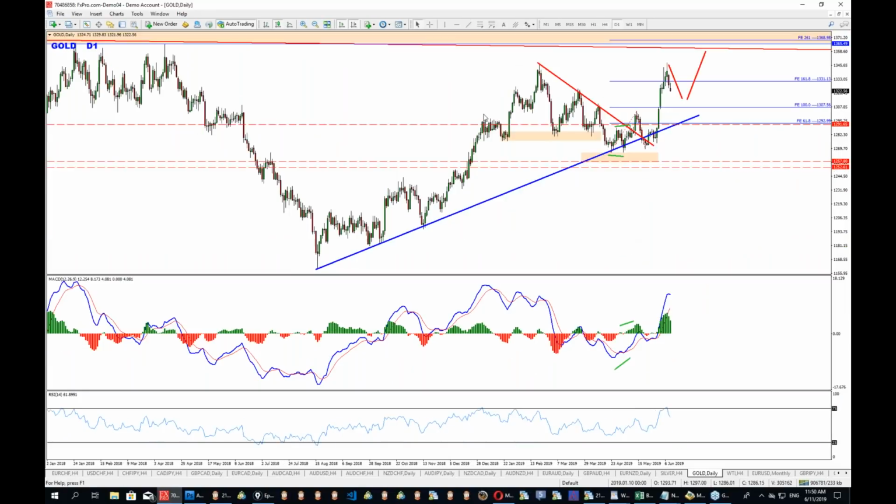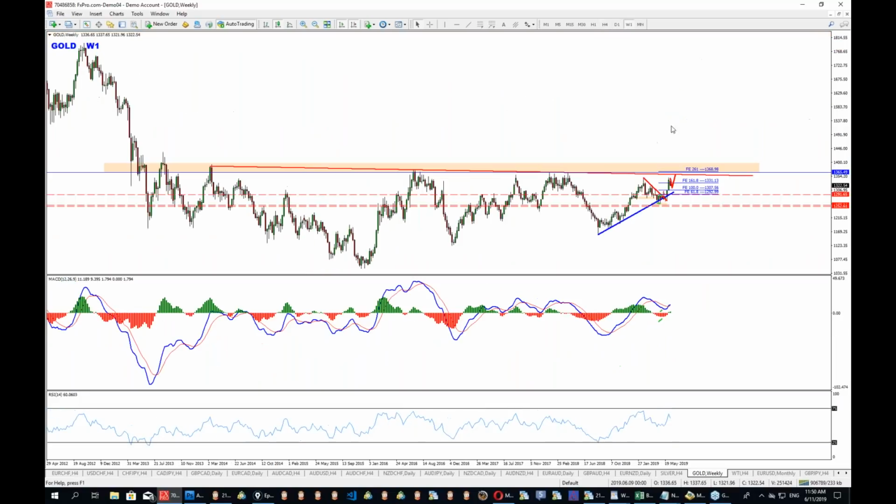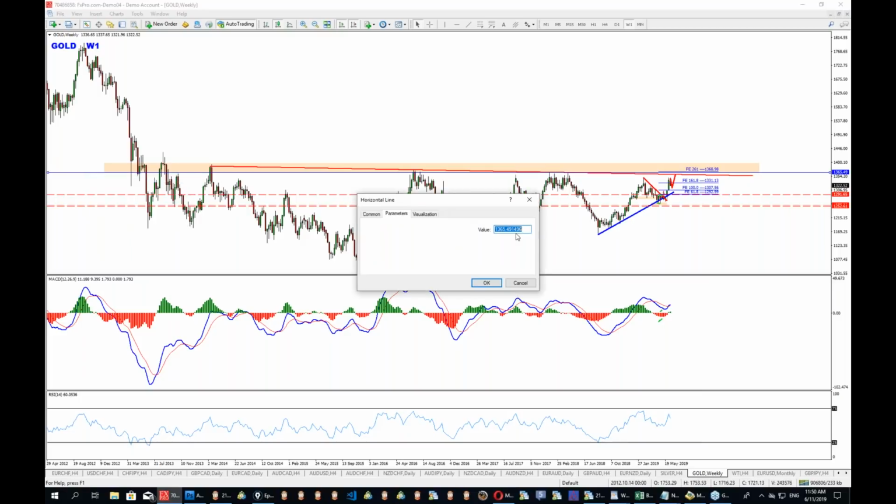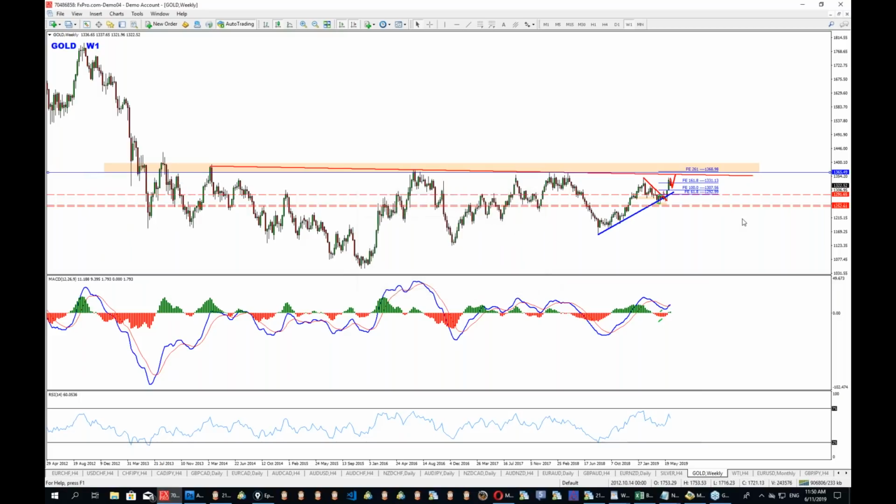Gold, same story. Pullbacks, continuation. That's the top level here, the top zone. That starts approximately at here, 1365.50. Okay. This is the beginning of the possible end. And I'm really curious to see whether we're going to complete and push lower again, or we're going to break and continue higher.